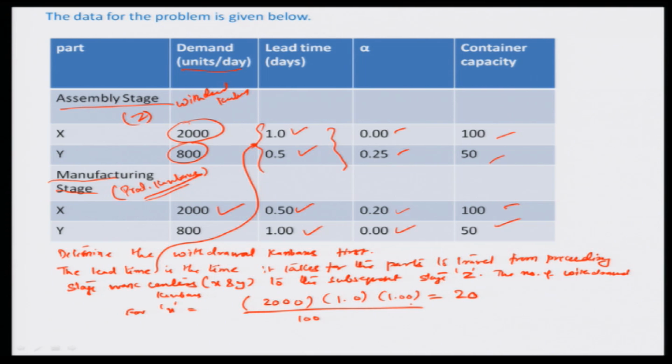So, that comes out to be 20 for X, and for Y it comes out to be again the demand units per day times the lead time, which is half a day, times again 1.25, we are operating at an alpha value of 25%, divided by the container capacity in this case, which is 50. Okay. So, that brings a value of 10 respectively. So, for X the number of withdrawal Kanbans is 20, for Y the number of withdrawal Kanbans is 10 respectively.